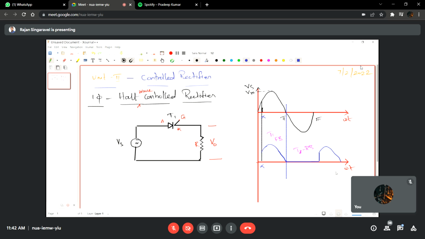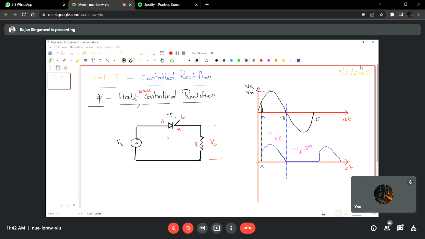The first thing we have to understand here is that we have only one thyristor in the circuit, and we will be able to control only one half cycle based on the direction of the thyristor connected.